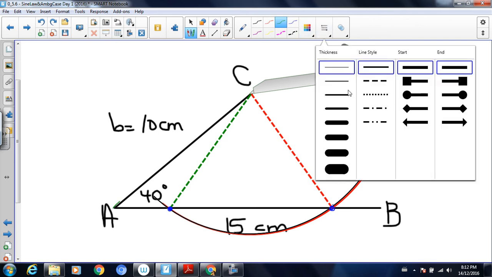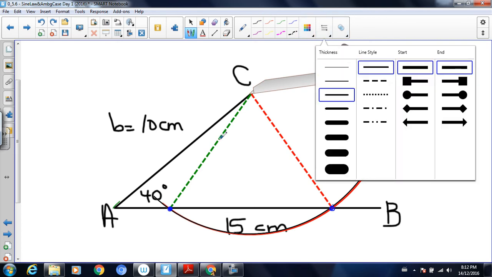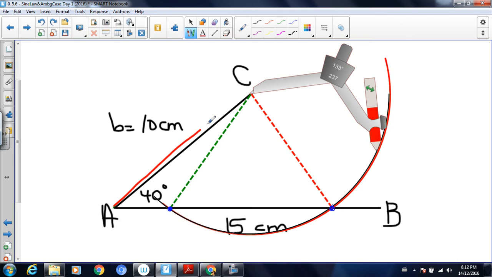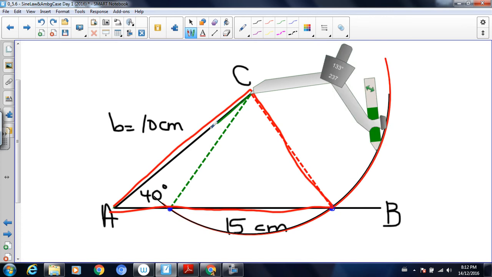Actually, let me make this thicker. One triangle from here. Actually, let me use red, sorry, since that was red. One triangle from here to here to here. That's one triangle. And you also have another triangle that is from here to here to here.